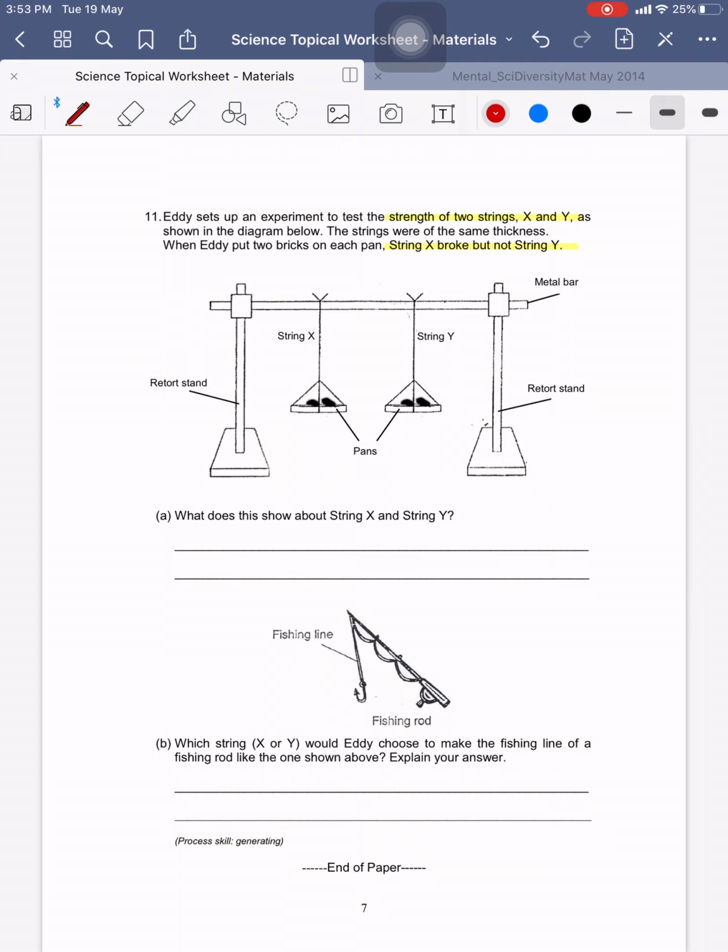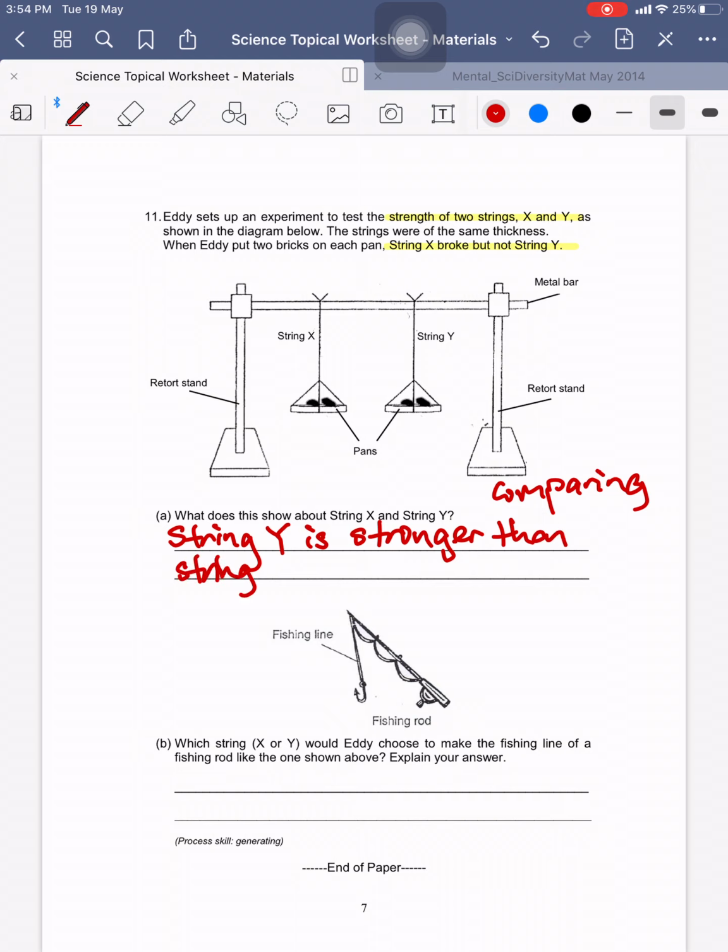So we are comparing between string X and string Y, so we should use a comparative term. Okay, so string Y is stronger than string X. Okay, so the comparative term I'm using here is stronger. Alright, or you can say string X is not as strong as string Y.